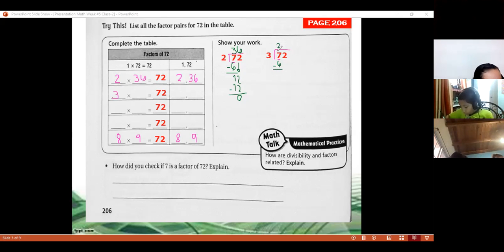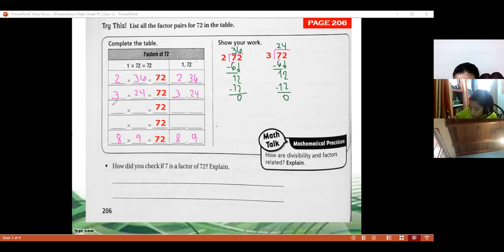So I subtract 7 minus 6 equals 1. I put down the next digit, which is 2. So I have 12 now. 12 divided by 3? 4. Excellent. 3 times 4 equals 12. So 12 minus 12? 0. My remainder is 0. So it means that 72 is divisible by 3. It's one of the factors of 72 because 3 times 24 equals 72. So my factors here are 3 and 24. So you write here 3 and 24 as the factors.